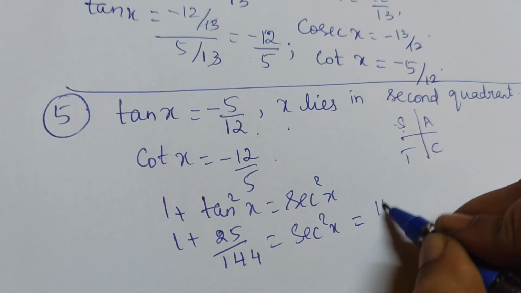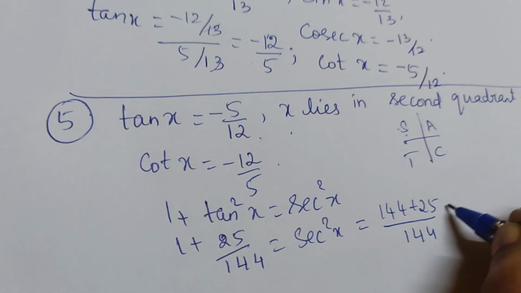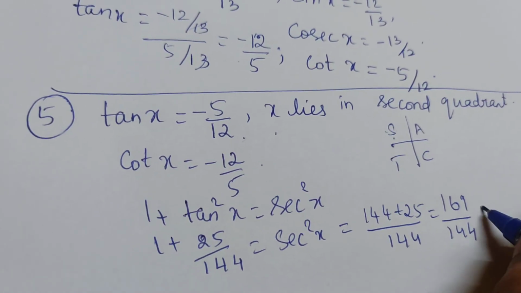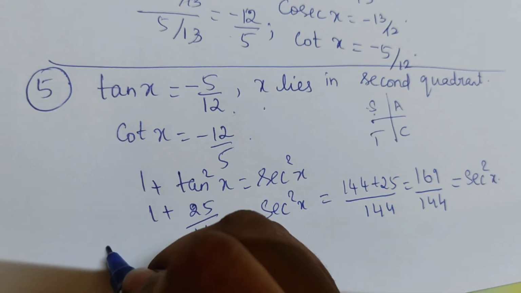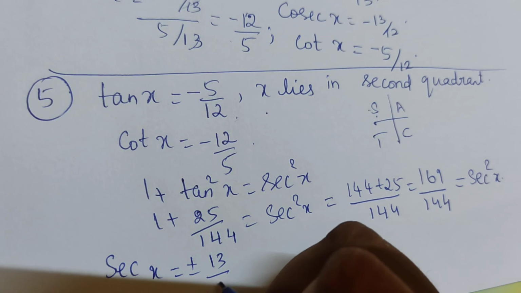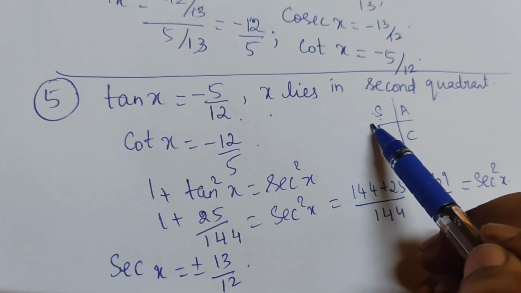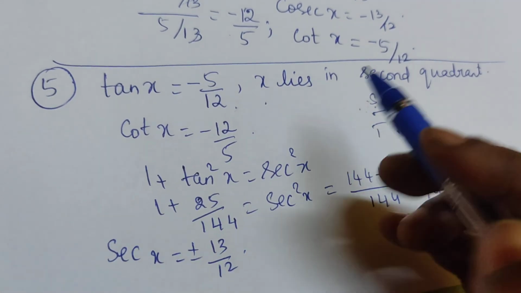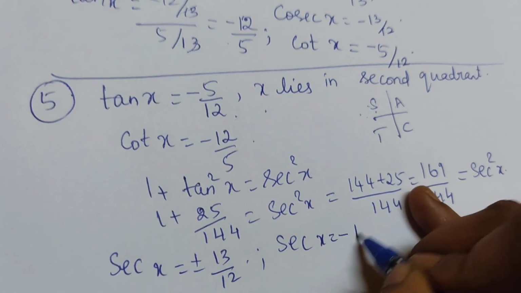When we simplify, 144 plus 25 by 144, we will get 169 divided by 144, which is equal to secant square x. So when we take the square root, we will get secant x as plus or minus 13 by 12. Since it's from the second quadrant, sin and its inverse alone are positive, the rest are negative. So we have to take secant x as minus 13 by 12.